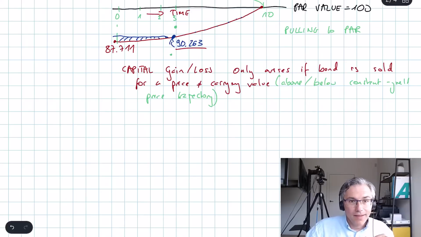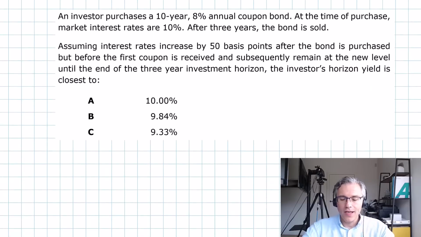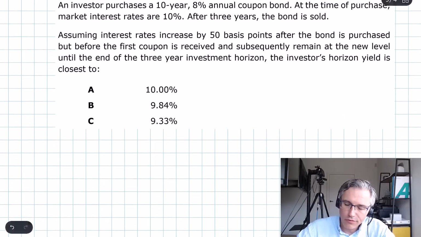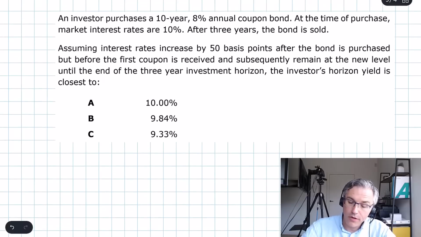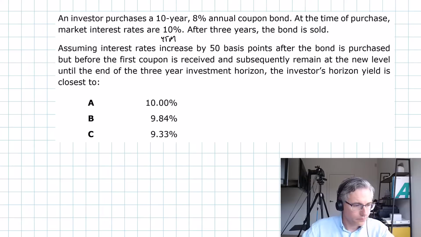Okay. Let's move on to another example, or another question. An investor purchases the same bond, a 10-year 8% annual coupon bond. At the time of purchase, market interest rates are 10% once again, so that's our original YTM. And after 3 years, the bond is sold again.